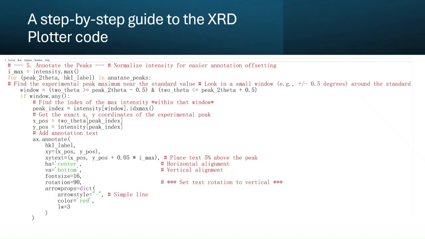So for each peak in our list, the code searches your data to find the actual highest intensity peak, and once it finds that point, ax.annotate adds the label to the graph. You can see we set the rotation of the text as 90 to make the text stand vertically.